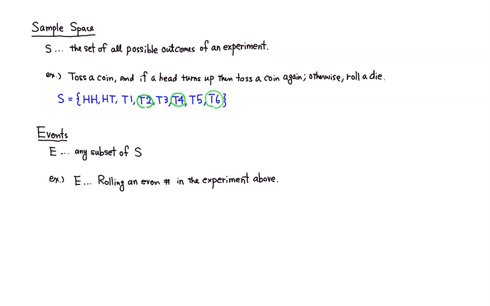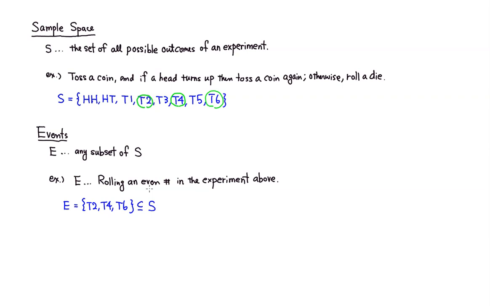So this event consists of T2, T4, and T6, and you can easily see that this is a subset of the sample space S.